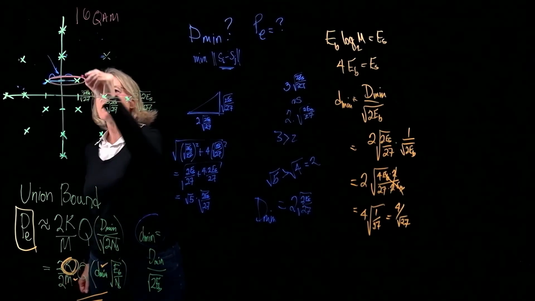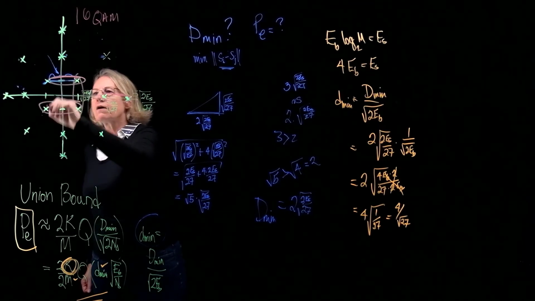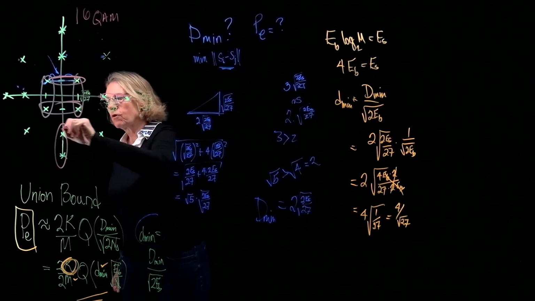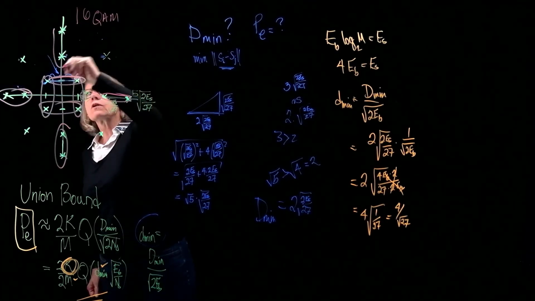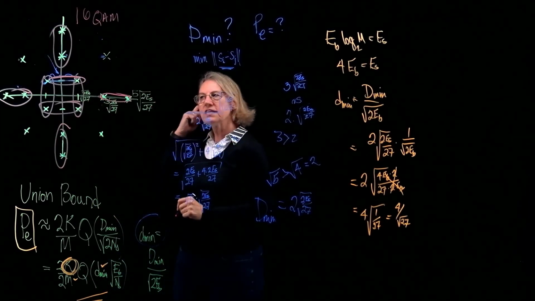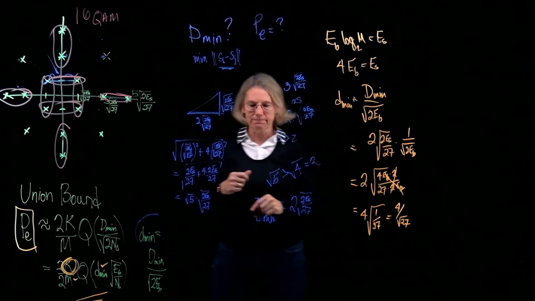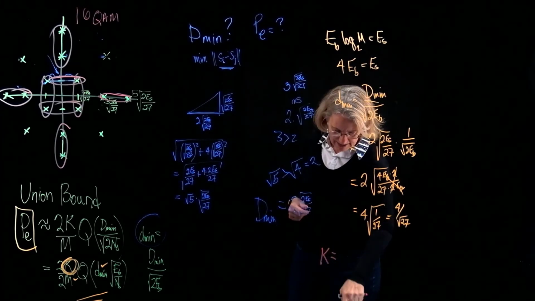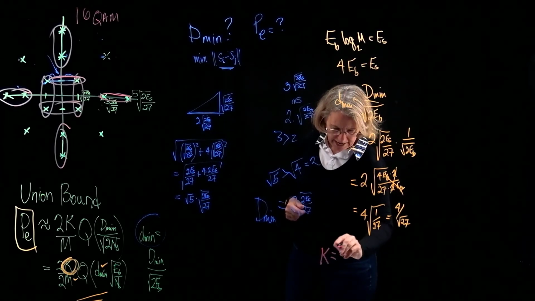These, of course, we have 4 pairs here which are at that minimum separation, and then 4 total here. And of course, the others are at a greater separation. So that brings us to the calculation that K is equal to 8.